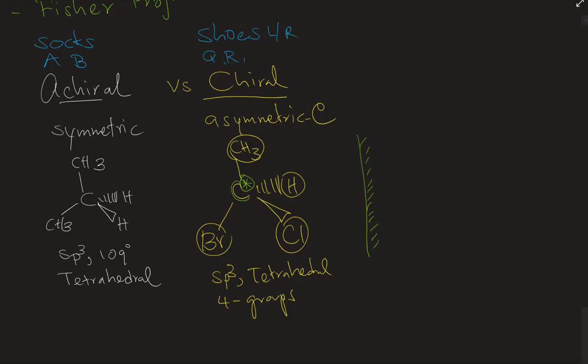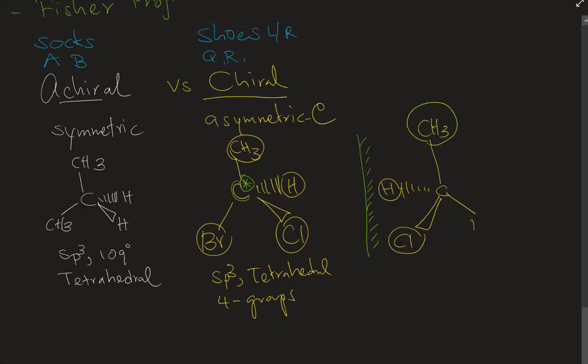Okay, now let's look at it if you have a mirror beside this chiral molecule, the asymmetric carbon, and you mirror the picture to the other side. So hydrogen is closest to the mirror, and chlorine down closer to the mirror, and this methyl is sticking up straight, and then this Br is away from the mirror. So that's how I mirror it, right?